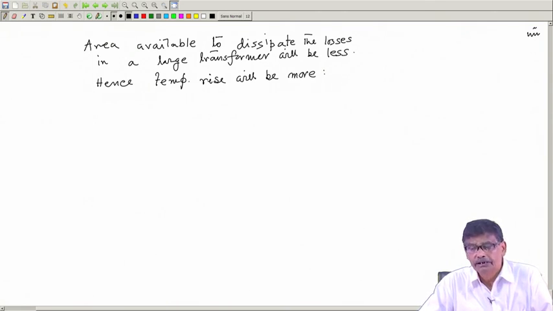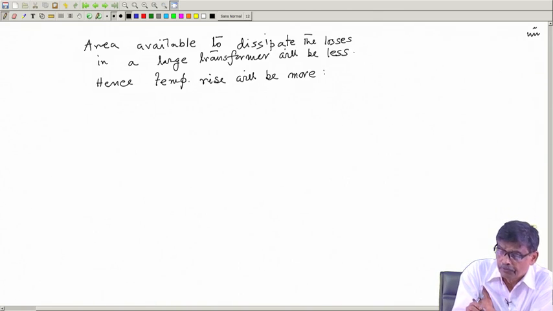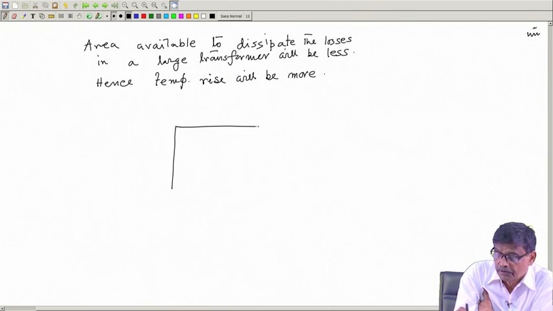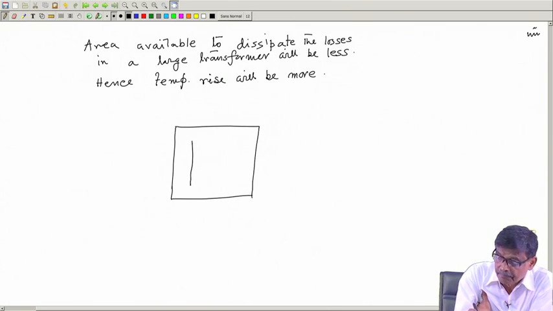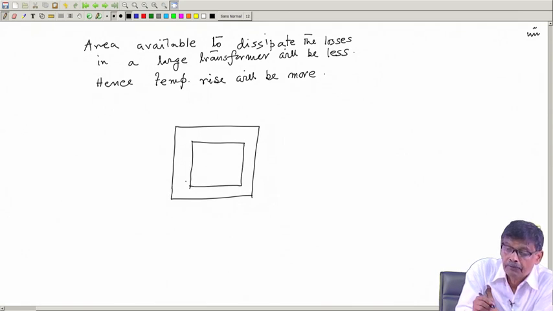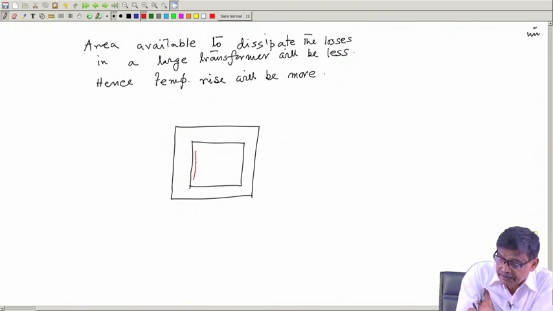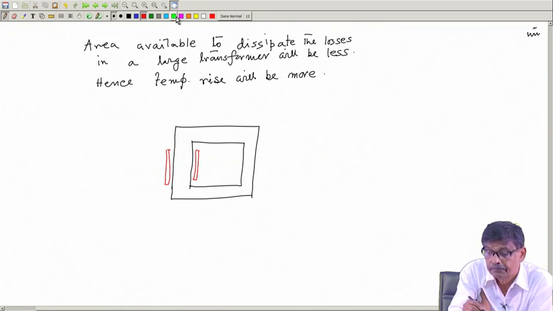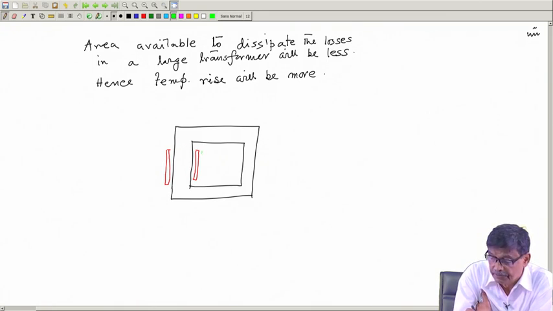That is why what is done is this transformer core, for single phase I am telling, where your windings will be here, LV winding, red colors are LV windings and suppose these are HV winding.